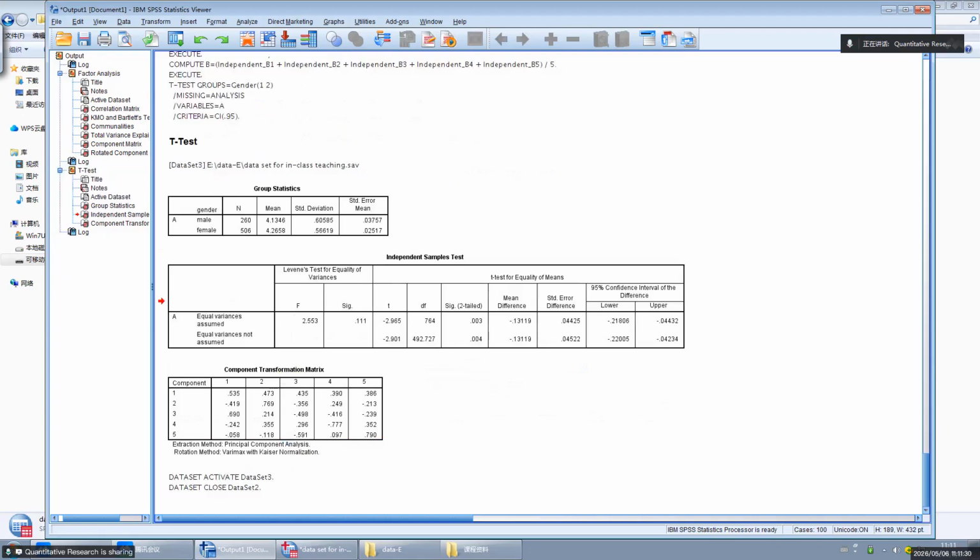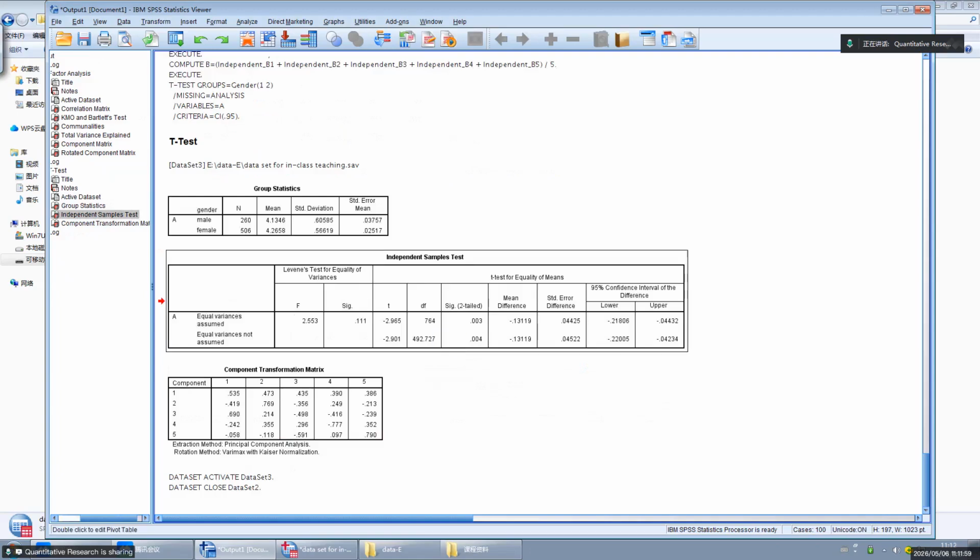The second p-value is the p-value of t. This is also a pair. The p-value of F, and the p-value of t.